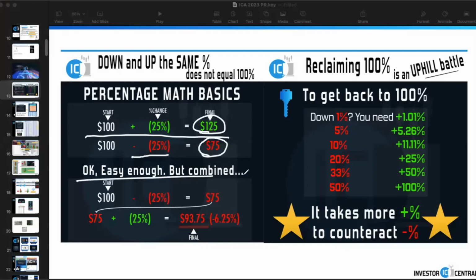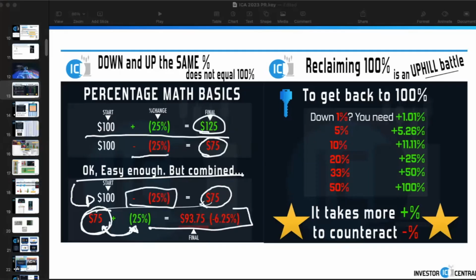But if you start and go down that 25%, you're at 75, and you take that 75 and add 25% of that 75, you're actually back at $93.75. So you're actually going to end up a little bit lower than the 100 that you started with, okay?